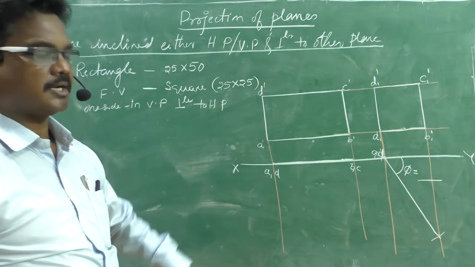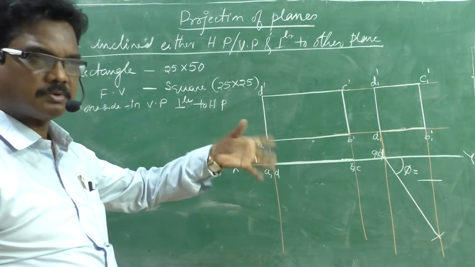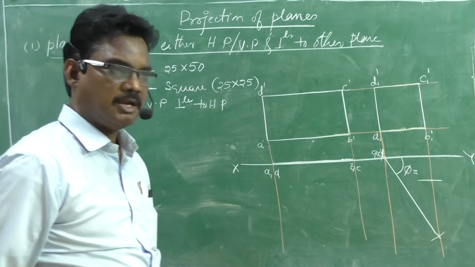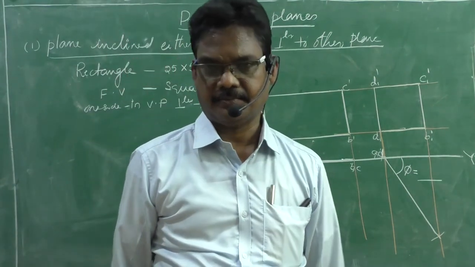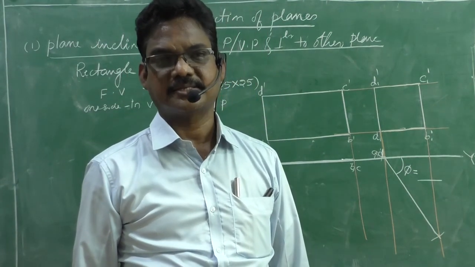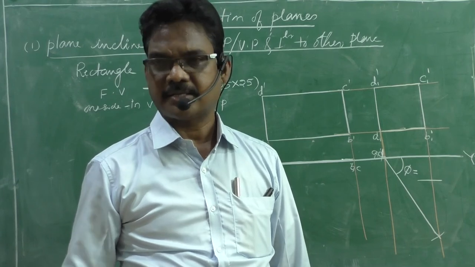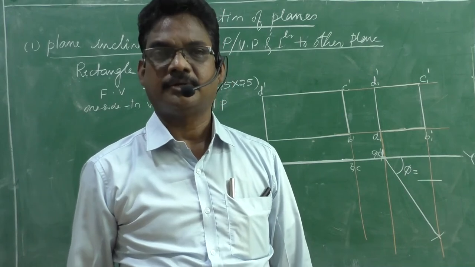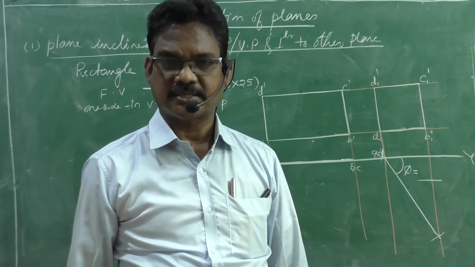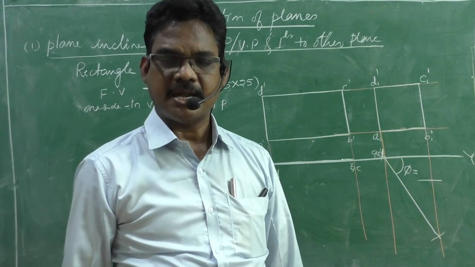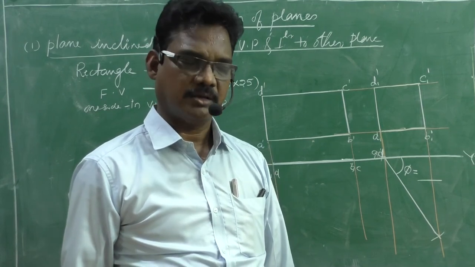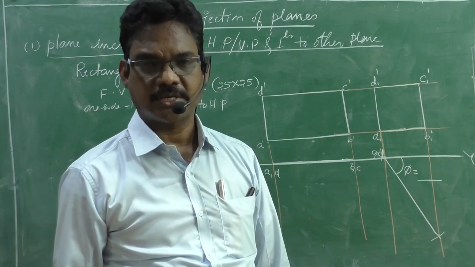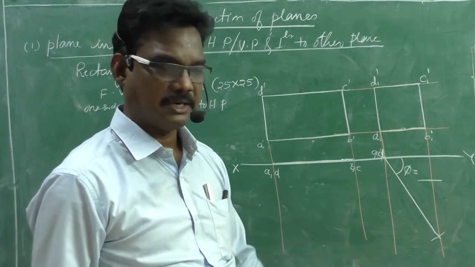Here we considered a rectangle. In the examination, they may ask a similar problem where an ellipse looks like a circle. The ellipse minor axis length and major axis length will be given in the problem, and one end of the major axis is in the VP and the entire plane makes an angle phi with VP. Draw the projections and find the angle of inclination.